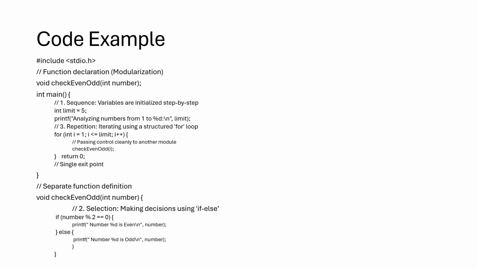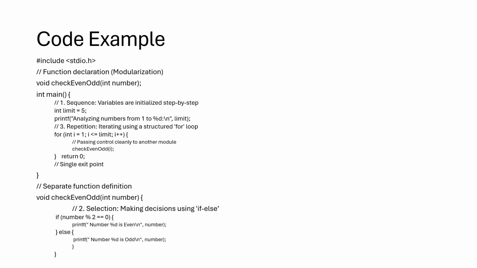The fourth time, the loop iterates the variable and calls the function, and once the function has been invoked, the condition is true. So the fourth time, number 4 is even. The fifth time, it iterates the process and produces the output number 5 is odd.